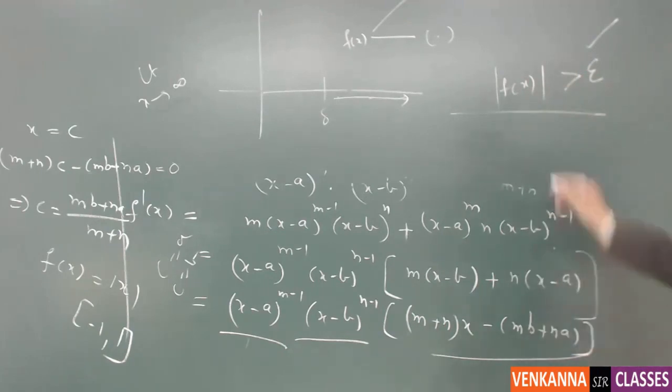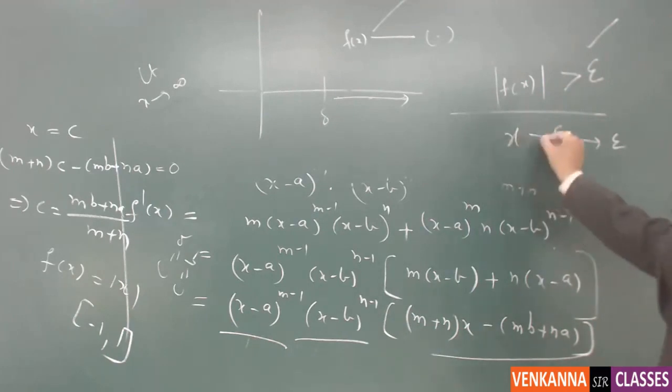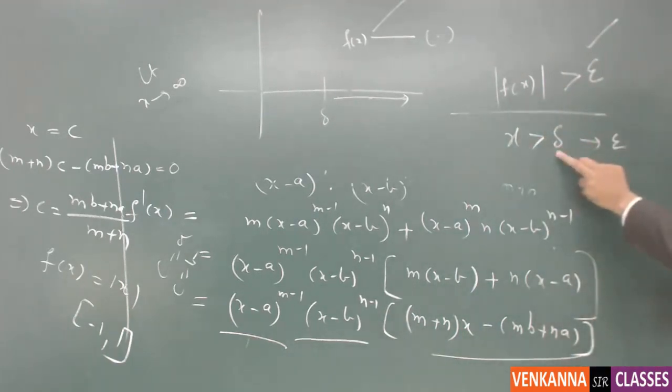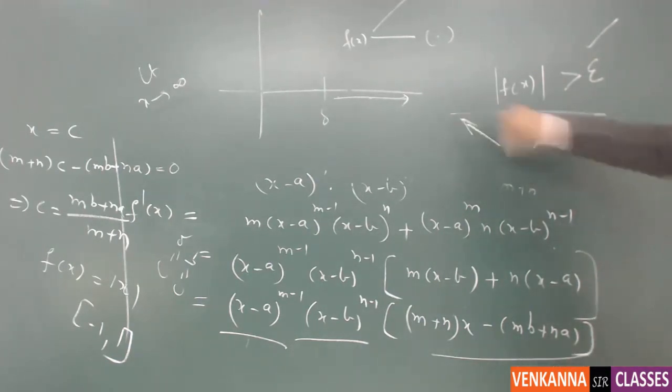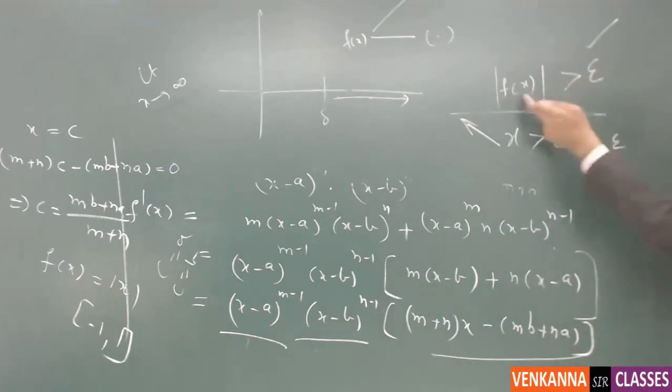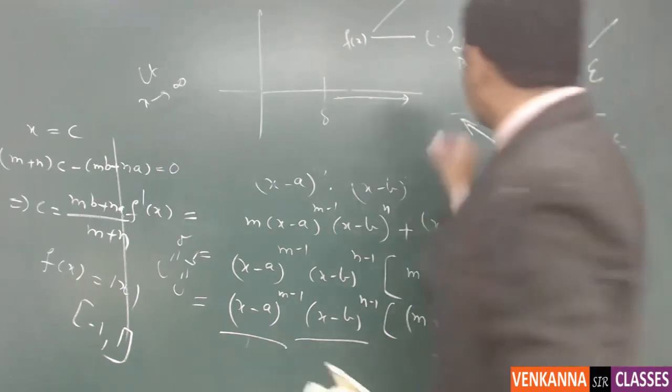In other words, you are drawing a relation between delta and epsilon. Since x is greater than delta, if you say delta is greater than epsilon, as x is tending to infinity, if you have proved that f of x is greater than epsilon, then f of x is also tending to infinity, isn't it?